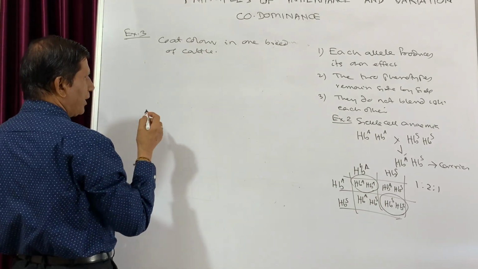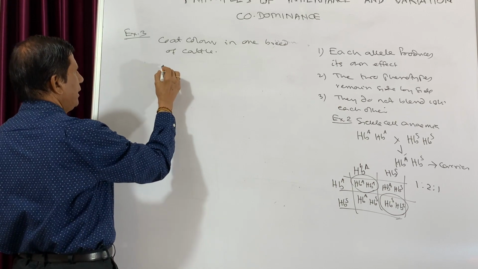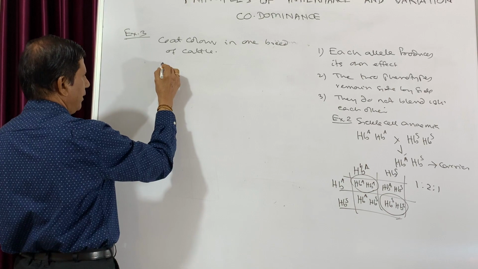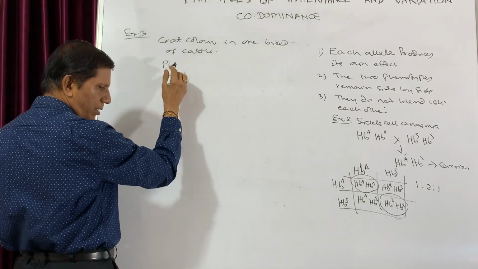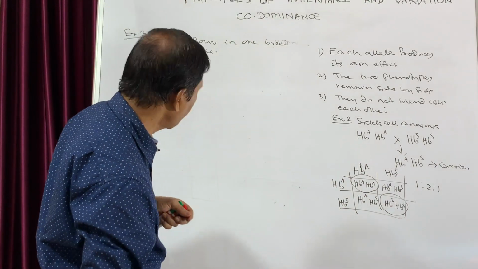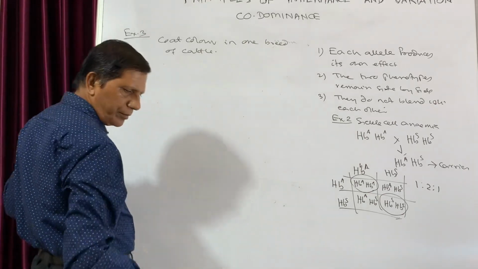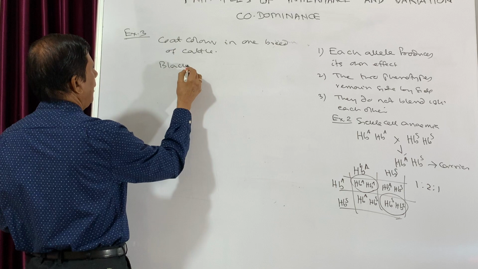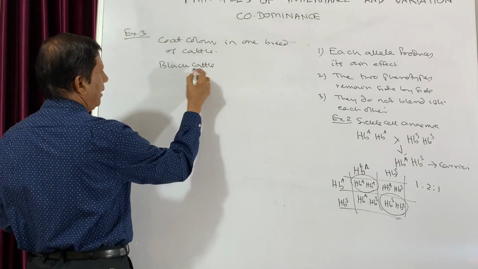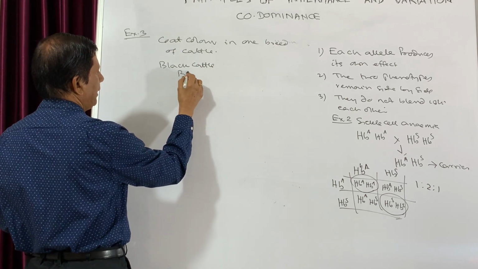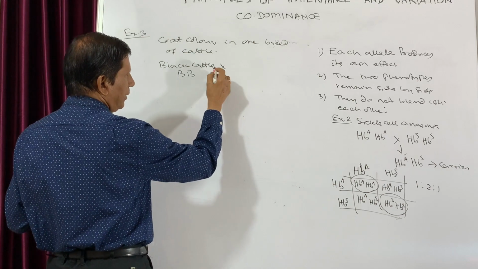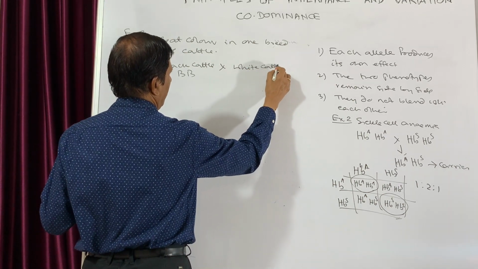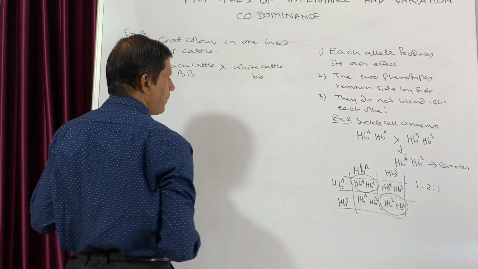So here one breed is pure black. We can write black cattle, represented by capital B, and crossed with white cattle, written as small b.